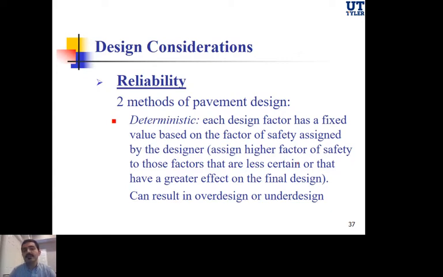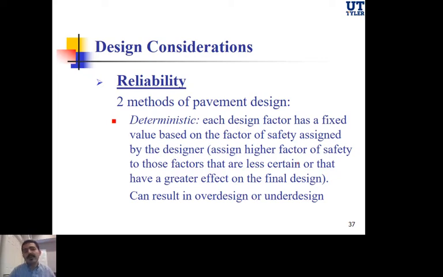The first one is a deterministic approach, which means that each design factor has a fixed value, which is based on the factor of safety assigned by the designer. And this can result in an over-design or an under-design approach because sometimes we end up assigning a higher factor of safety for those factors that are less certain or that have a greater effect on the final design.